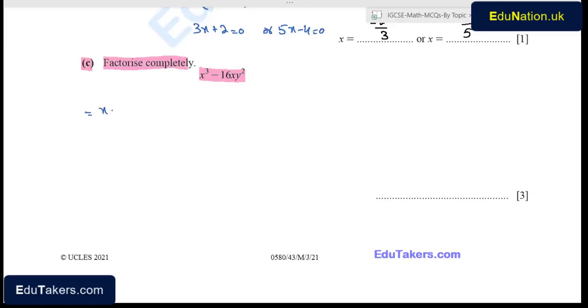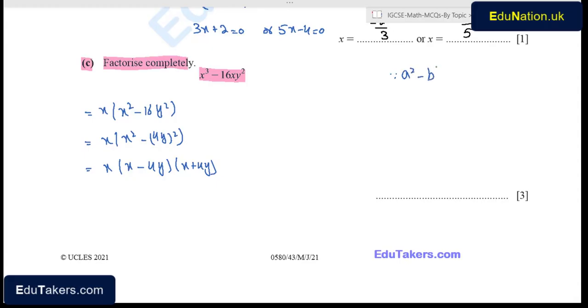Taking x as common, the remaining terms are x² − 16y², equals x(x² − (4y)²), which is equal to x(x − 4y)(x + 4y), by using the identity a² − b² = (a − b)(a + b).